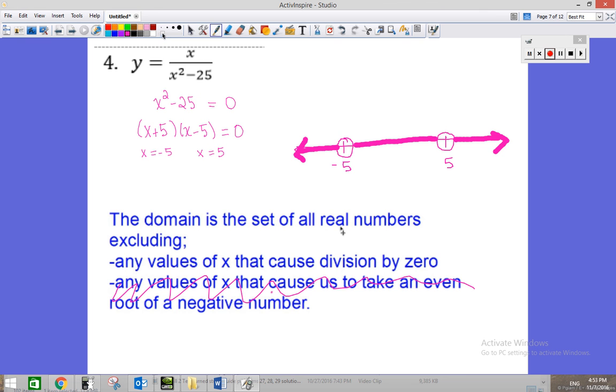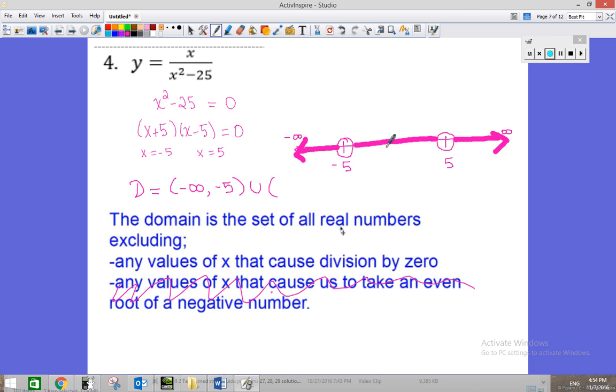If you plug any one of these numbers in that's in the shaded region, do this arithmetic, and you'll get a related y value. My domain: on the left, this interval is from -infinity to -5. And then I'm excluding -5, so I need a union.